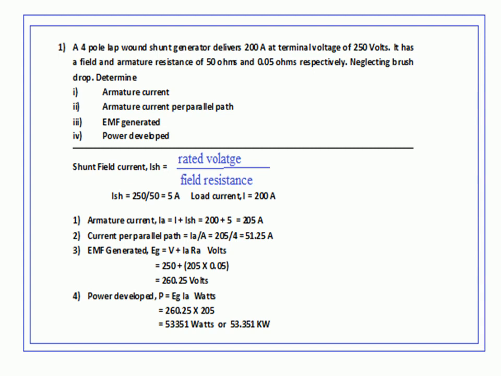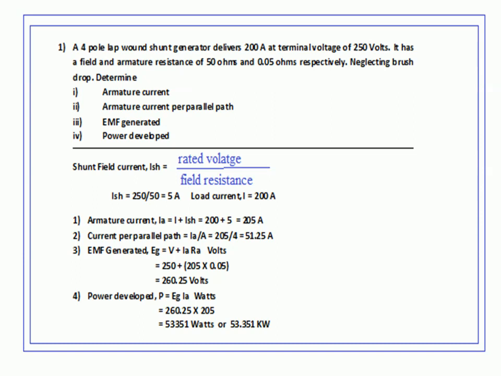So, we have to calculate the armature current equal to load current plus field current. First you calculate the field current ISH equal to rated voltage divided by field resistance. Rated voltage of generator means terminal voltage, 250 by 50, 5 ampere. So, load current is given as 200 ampere.